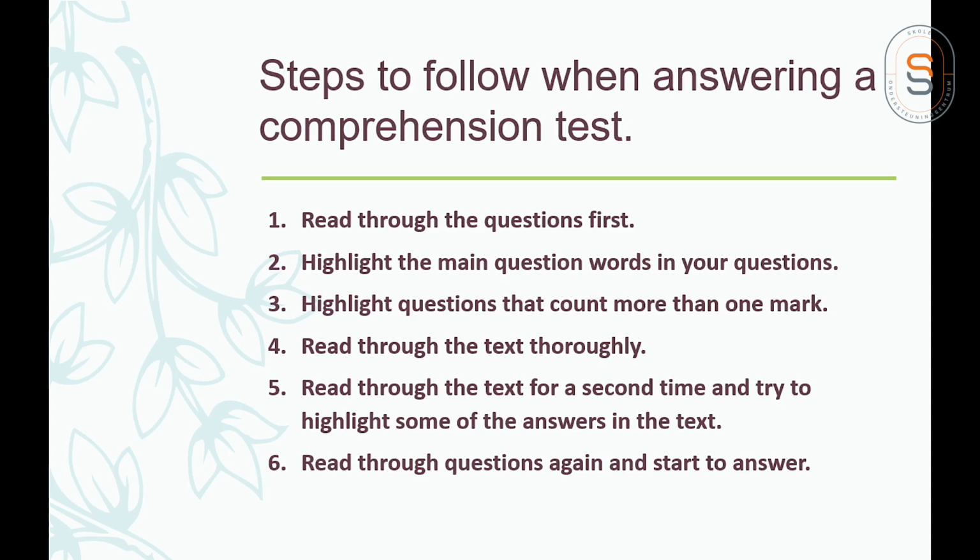We're going to look for give your opinion. We're going to look for true or false. All of those things. Then you take your highlighter and you highlight the questions that count more than 1 mark. Go to the mark allocation and highlight those so that you know you have to give more information on that.